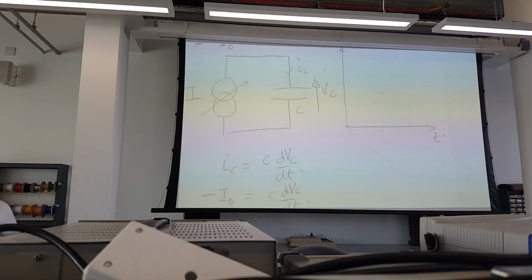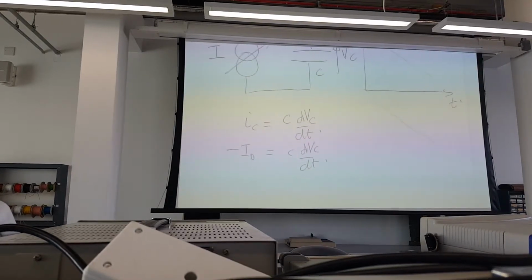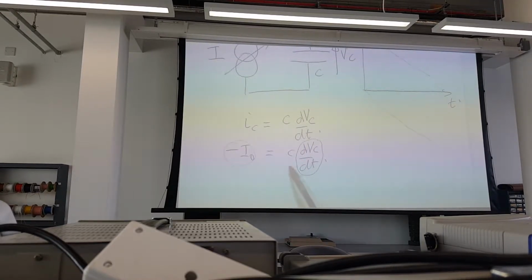And what that equation is telling us is that this gradient here has to be negative. You can't have a negative capacitance. Capacitance is always a positive value. So the only thing on the right hand side of this equation that can be negative is dVc by dt. That's the only thing that can be negative.